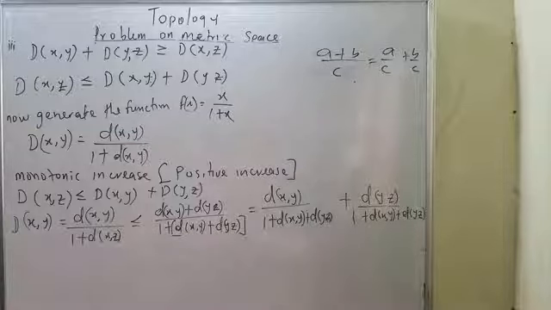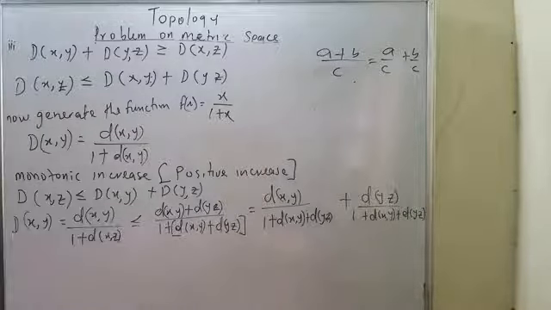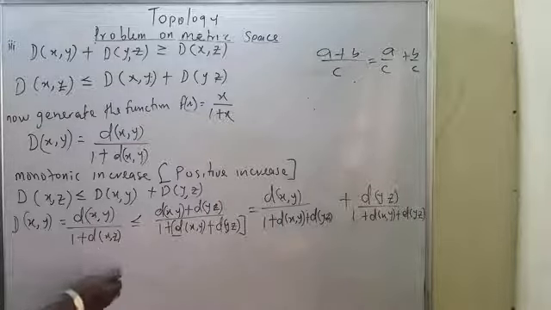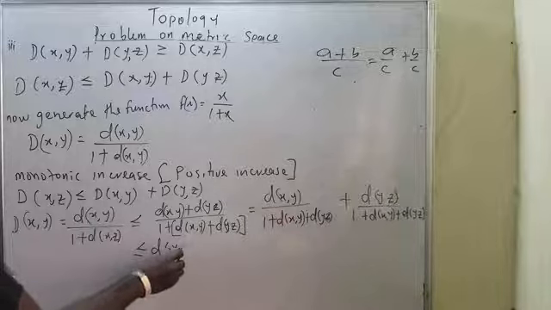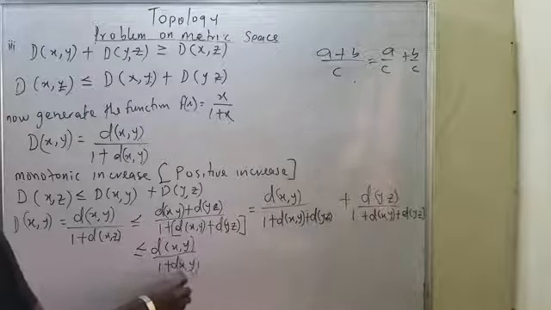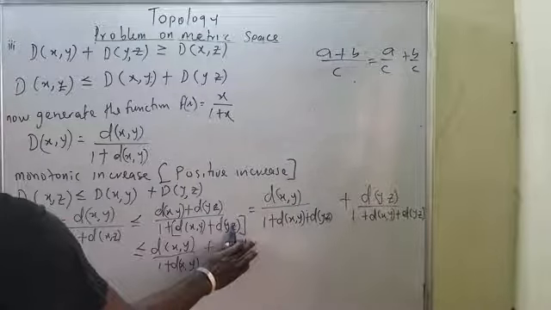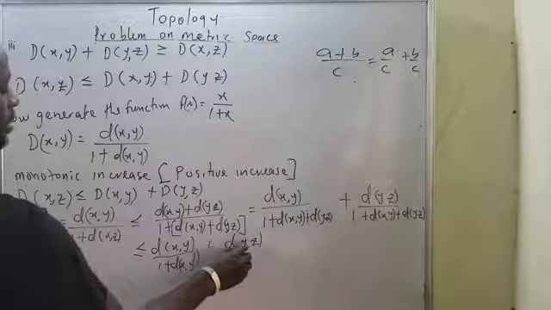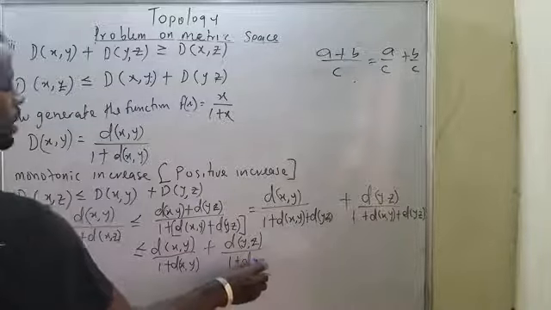Since I have that, okay, from here I can continue. With what is on ground now, I can say that it will be less than or equal to d of xy divided by 1 plus d of xy plus d of z divided by what? 1 plus d of yz.